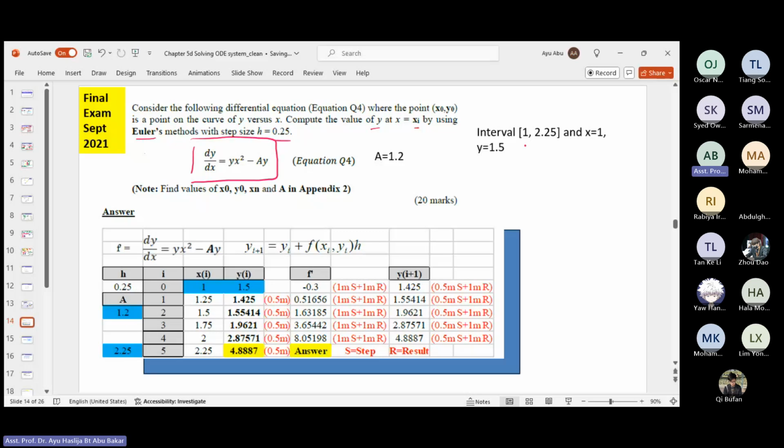Interval is from x equals 1 until 2.25, with the starting values of x equals 1 and y equals 1.5. This is your starting point.